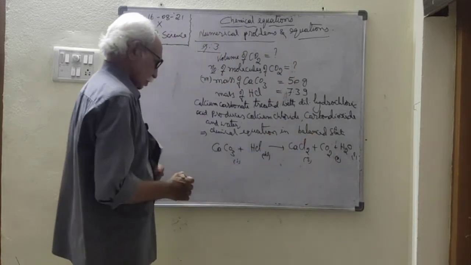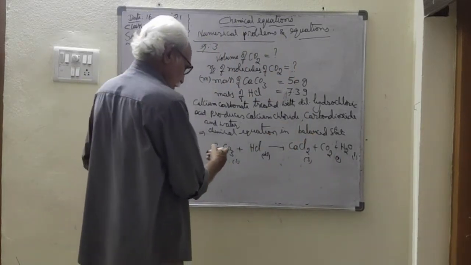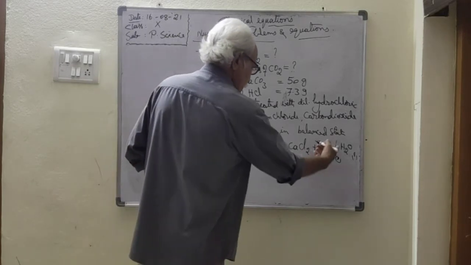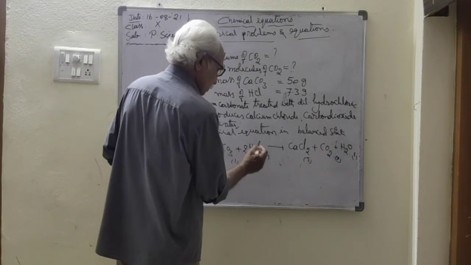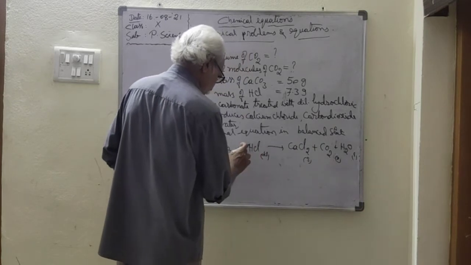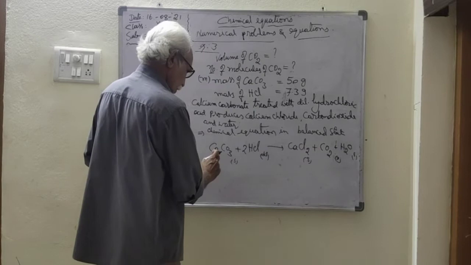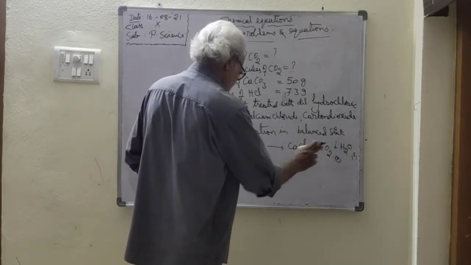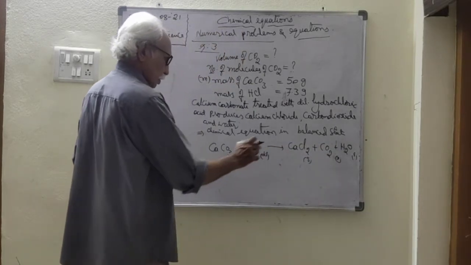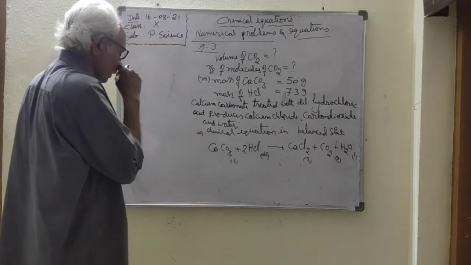Now balance the equation here. How many hydrogens? 1 here and 2 there, multiply with 2. 2 chlorine, balanced. Carbon dioxide, carbons 1, carbon 1, oxygen 3, calcium 1. Now the equation is a balanced equation.